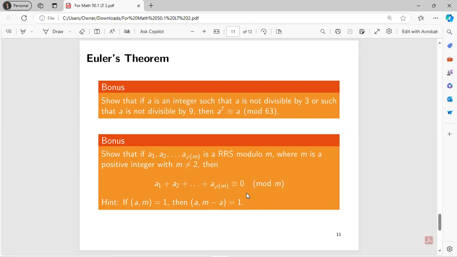It looks like a mix of Euler's and Fermat's. Okay, I will let it stay still for 10 seconds.